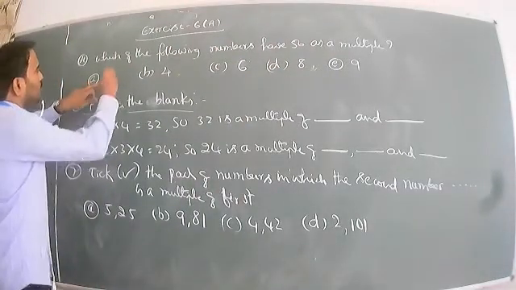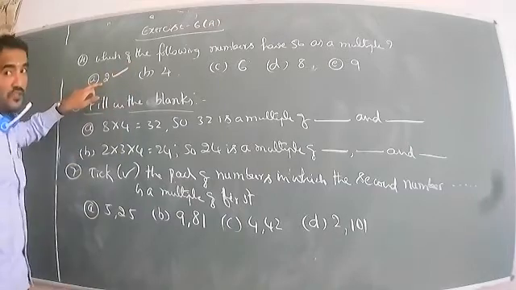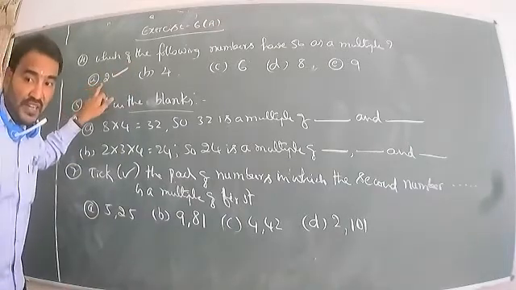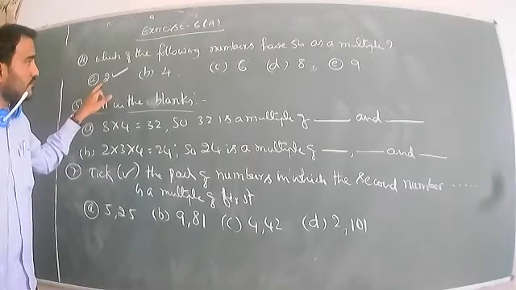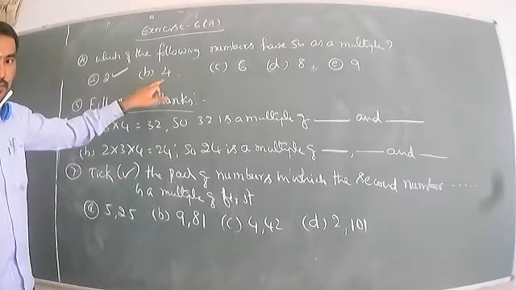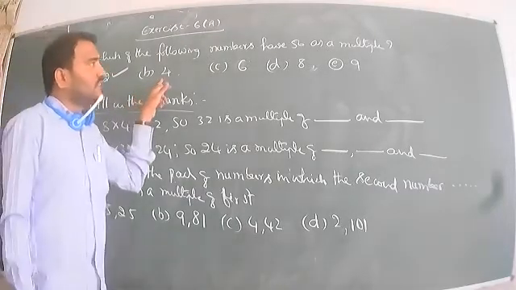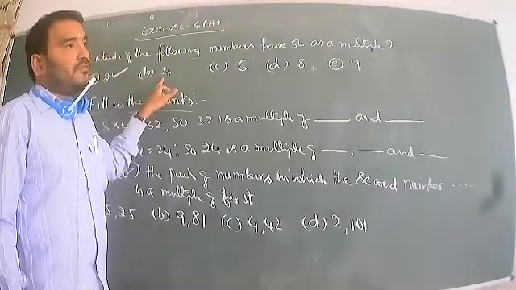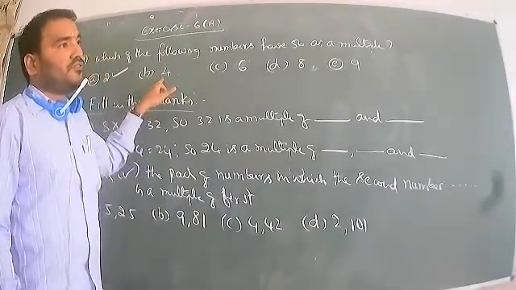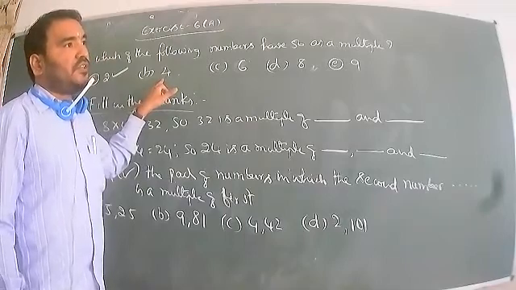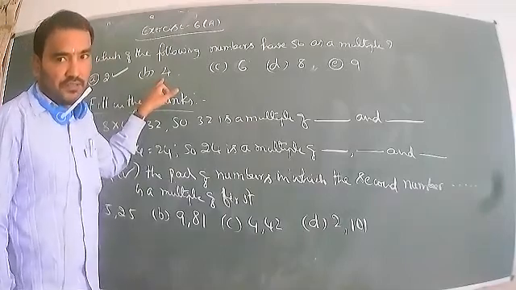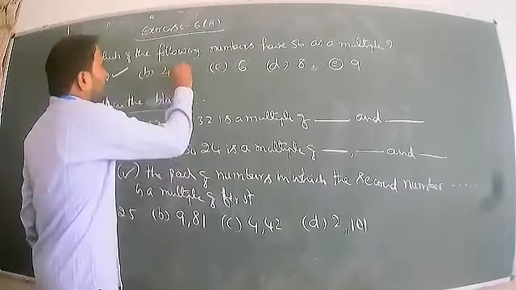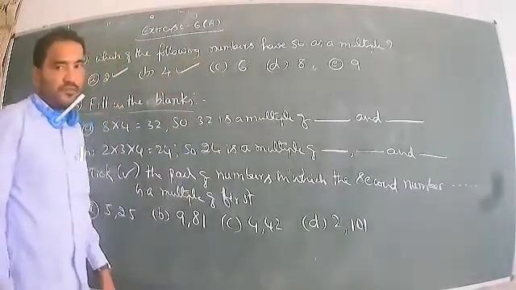Yes, 2. 2 how much is 56? 2 28s are 56. Next, 4. 4 how much is 56? 4 1s are 4, 4 4s are 16, 14 4s are 56. 14 fours are 56, so 56 is a multiple of 4.